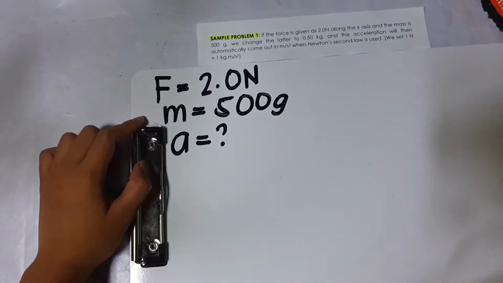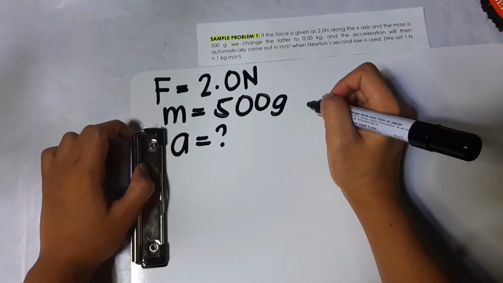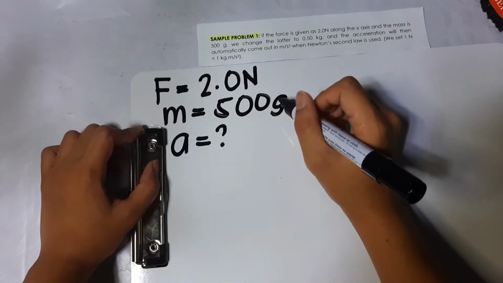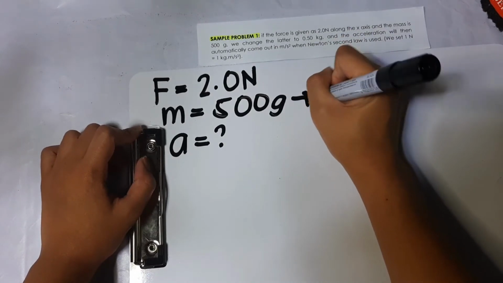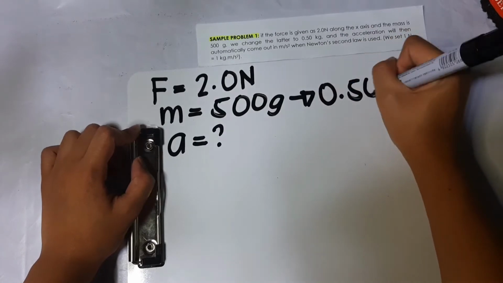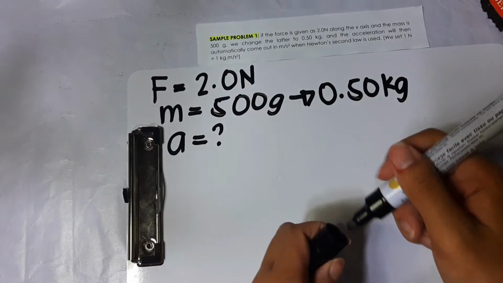Now, since the unit for mass is in kilograms, we have to convert the 500 grams to kilograms. So, this is equivalent now to 0.50 kilograms.